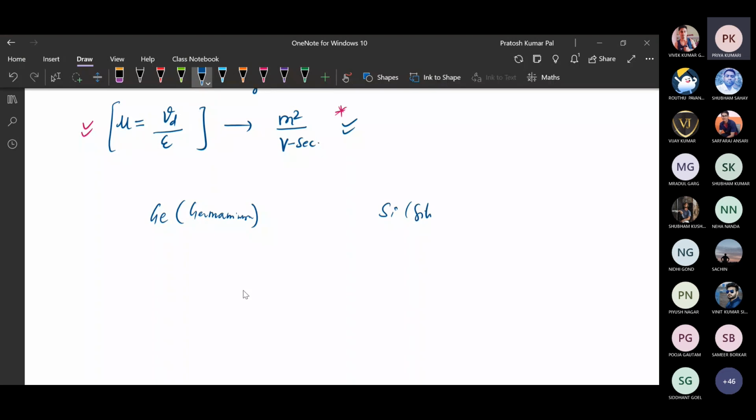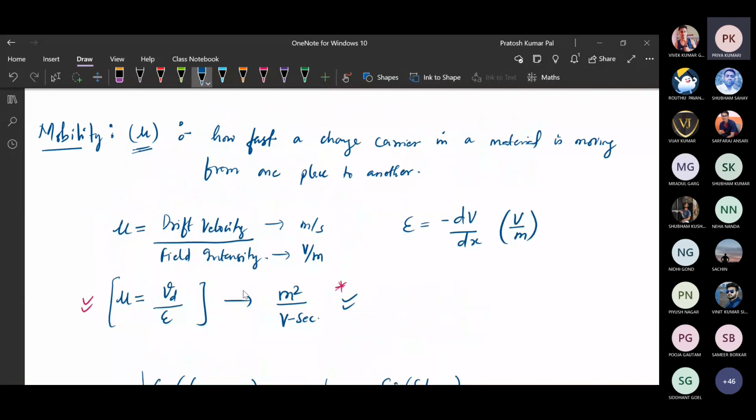We will be saying what the mobility is in case of germanium and in case of silicon. This mobility is different for electrons and different for holes. The charge carriers can be either electrons or holes.